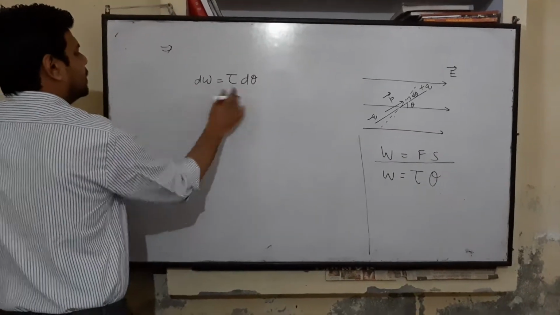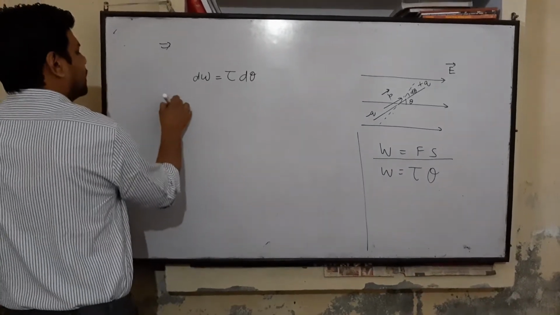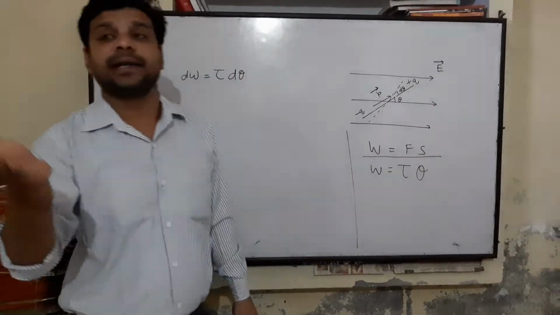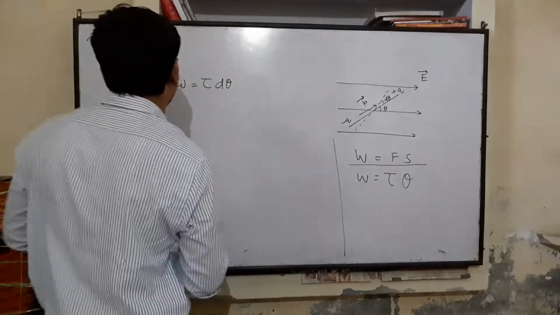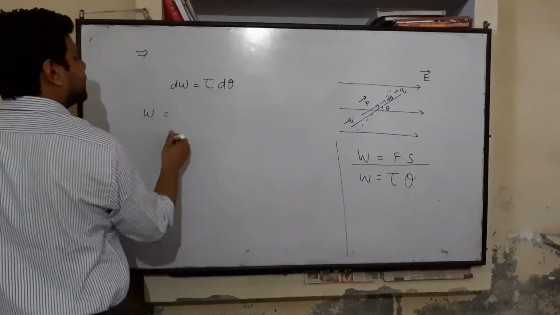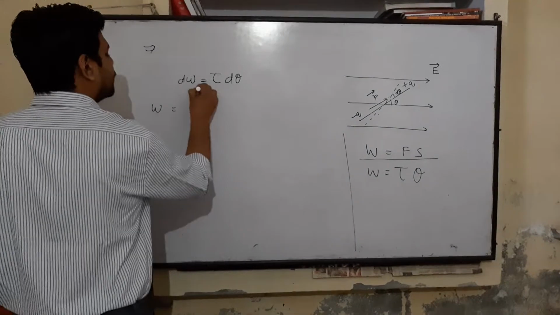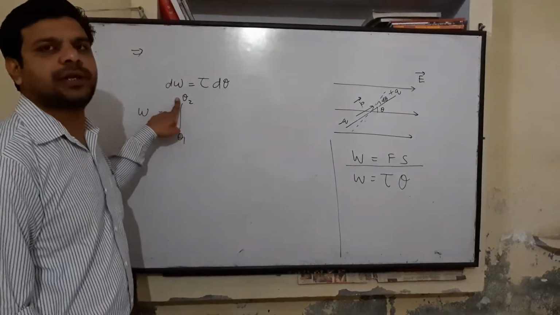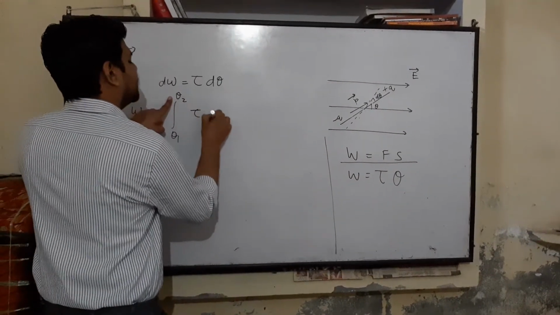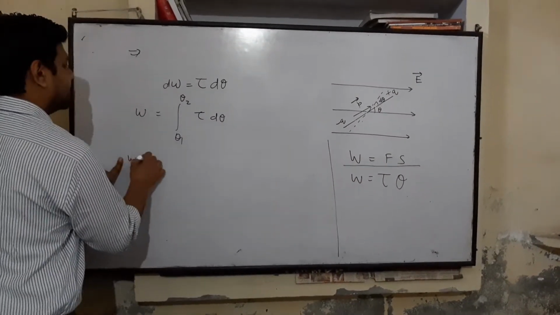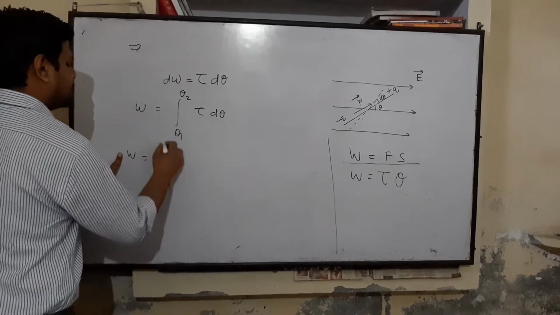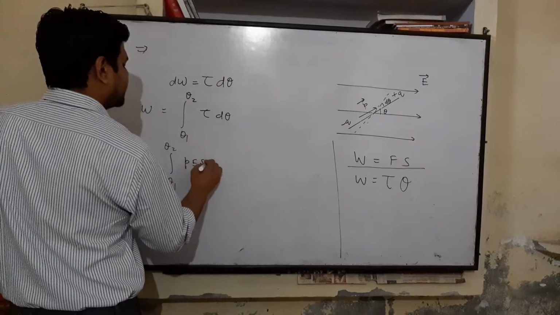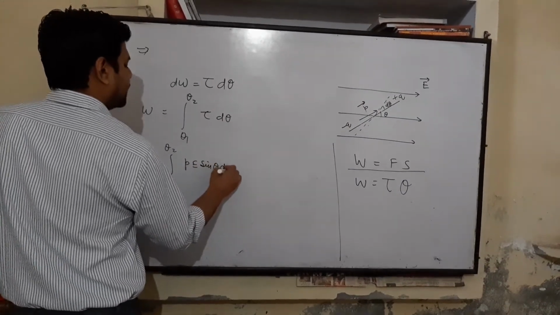Now, total work done. Consider the initial position of the dipole in the electric field is theta 1 and it is rotated to theta 2. Then we have to integrate this expression for limits theta 1 to theta 2, where theta 1 is the initial position and theta 2 is the final position of the dipole. Then W is equal to the integral from theta 1 to theta 2 of tau d theta, which is PE sin theta d theta.